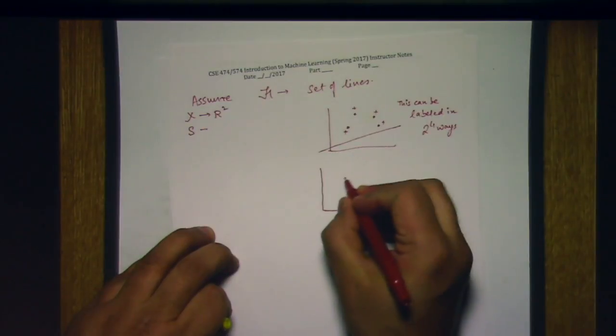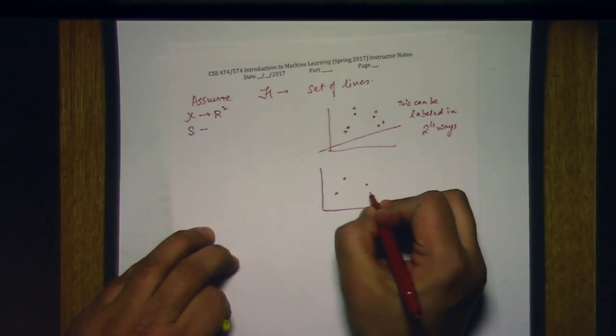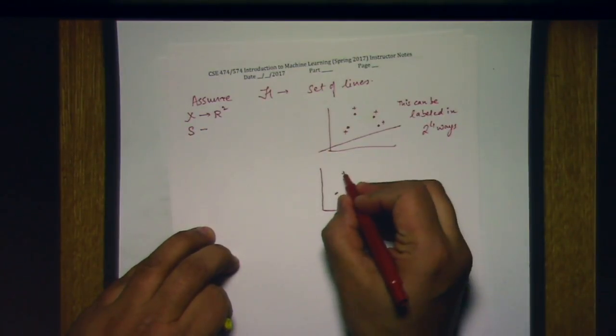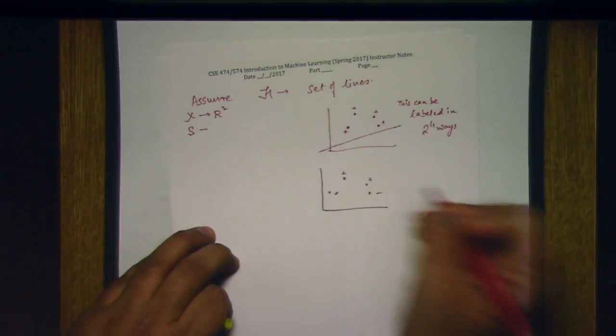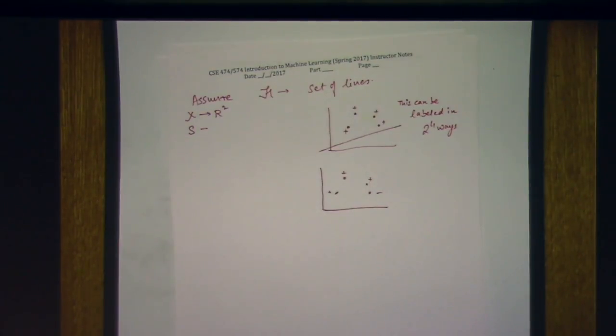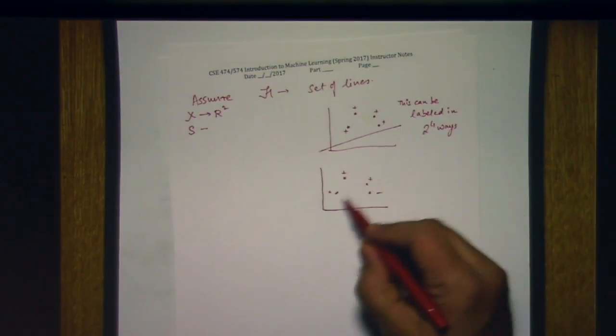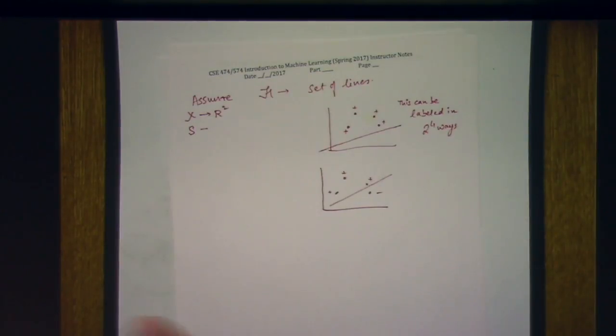So this is good. Let's take another coloring of the same data set, the same sample. Now, is there a line in H that is able to classify it in the same way? The answer is yes. At least there's one line. There could be many lines, of course.